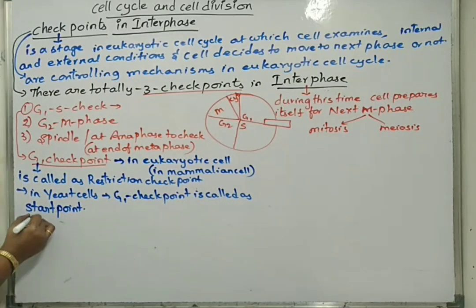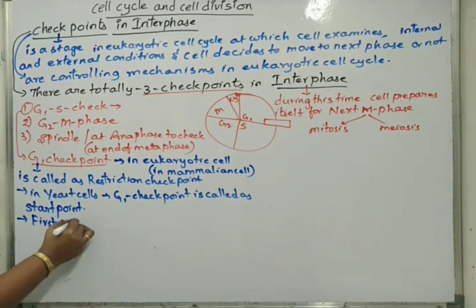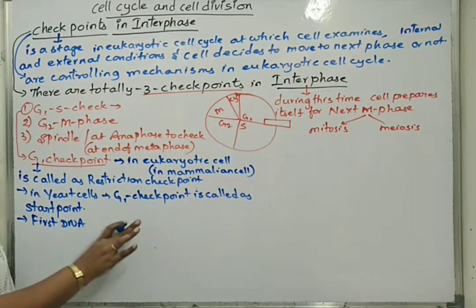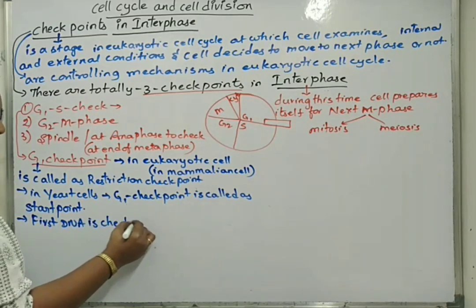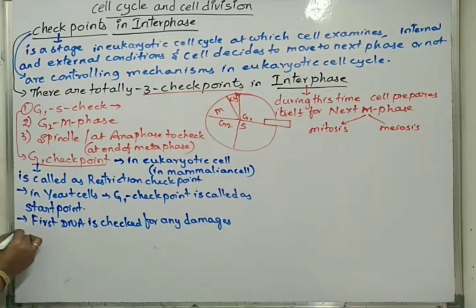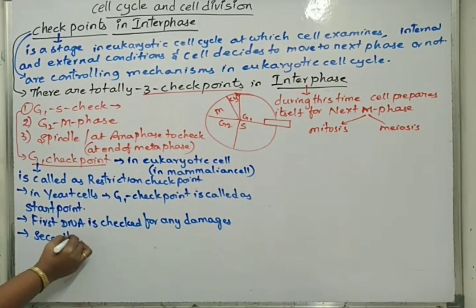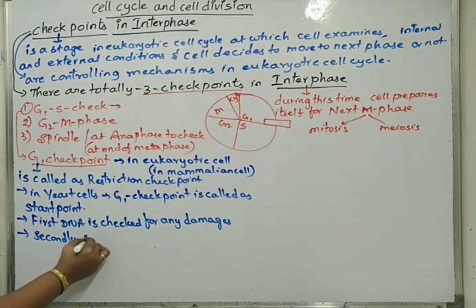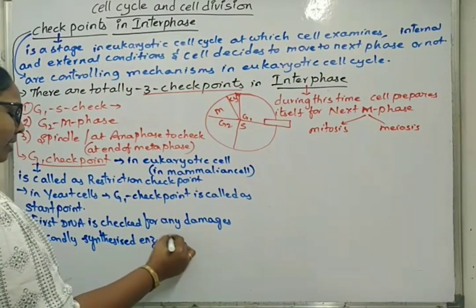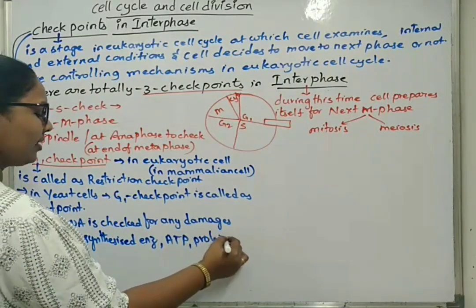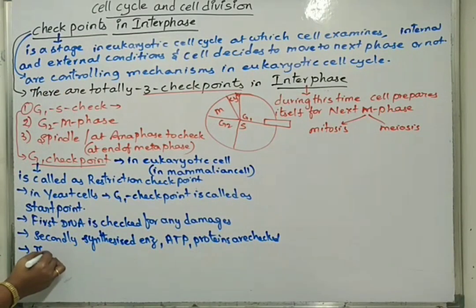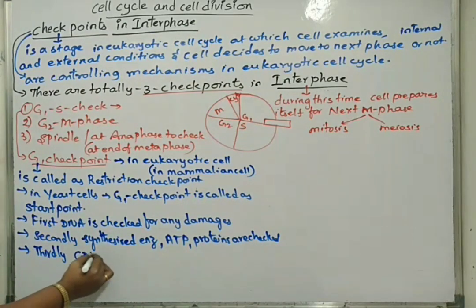Here, in this G1 checkpoint, first, DNA is checked for any damages. Secondly, synthesized enzymes, ATP, and proteins are checked. Thirdly, CDKs are checked.